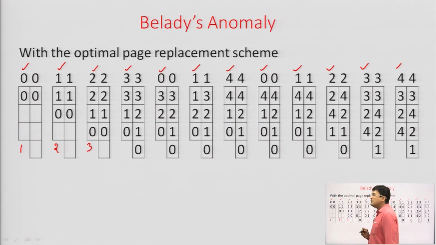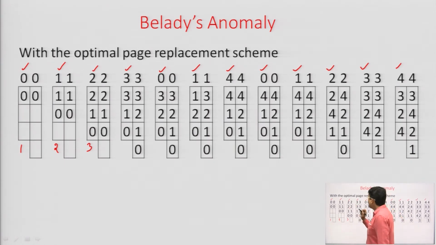Now, there is a reference of page number 3, and there is no more space to accommodate 3, so one of the old pages will be sent back to the virtual space. Let us see which page we can send. The optimal page replacement algorithm suggests that we find out which page will be referenced in the near future.